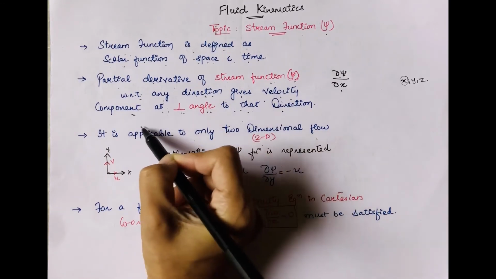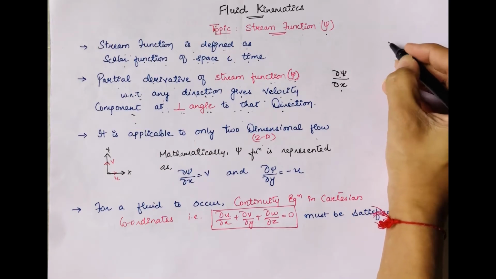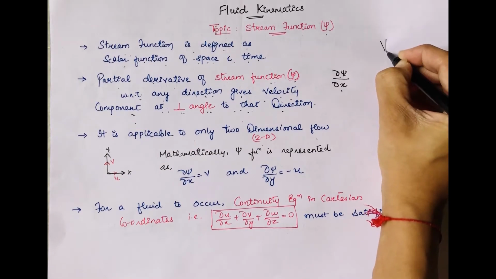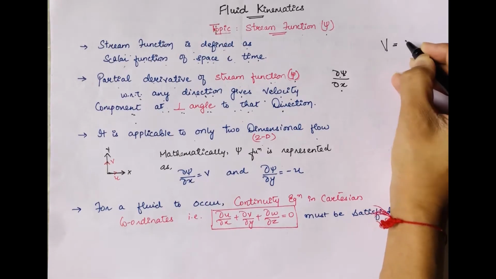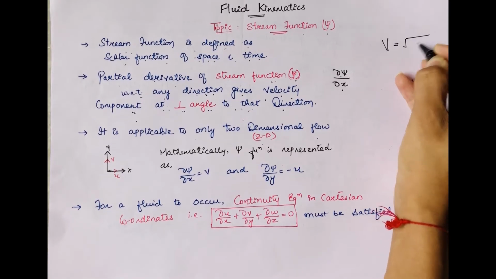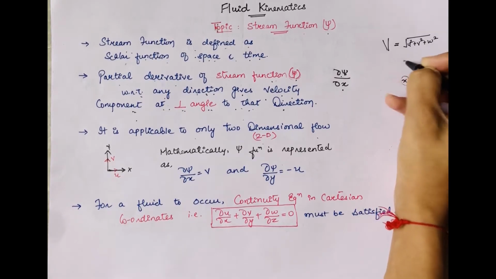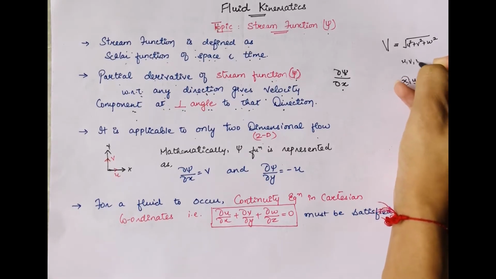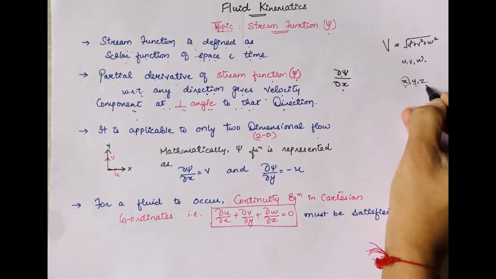Velocity component. We studied in the theory of velocity and acceleration that if V is the resultant velocity of a particle at a particular point in a flow field, then it is the resultant of u square plus v square plus w square, where u, v and w are the velocity components in x, y and z direction.